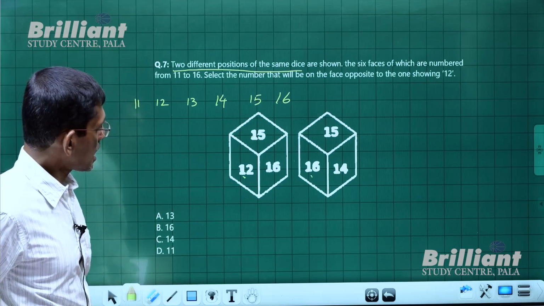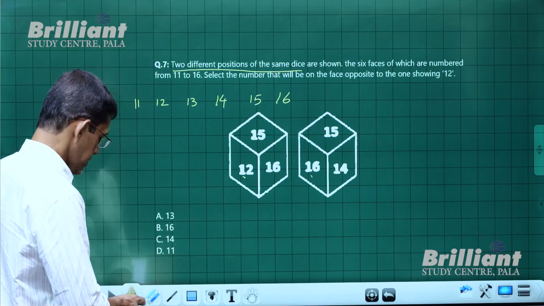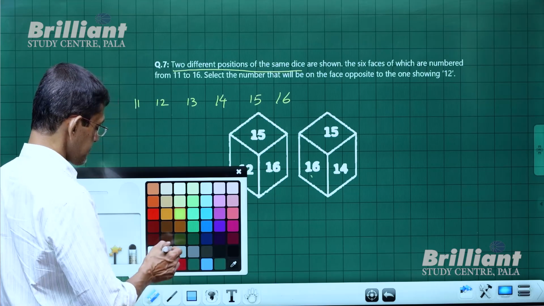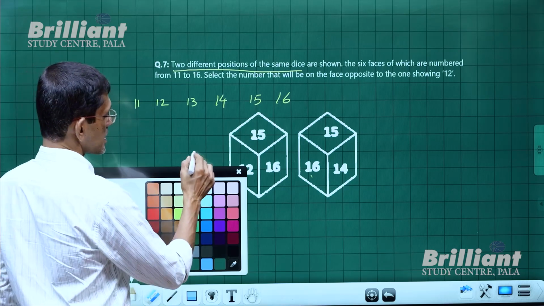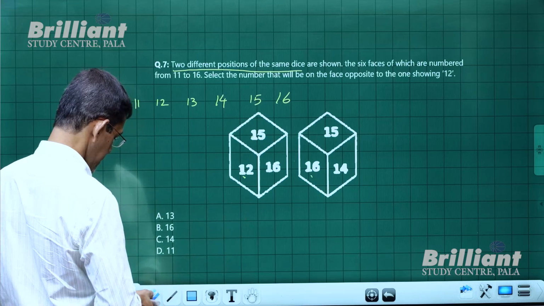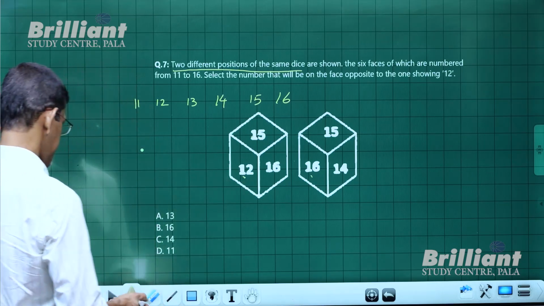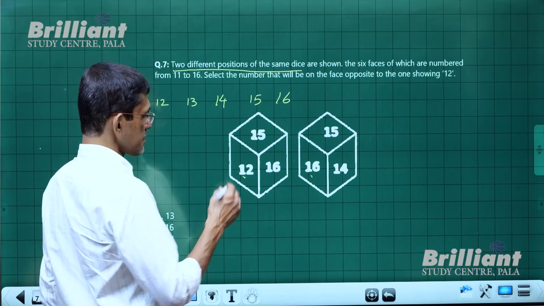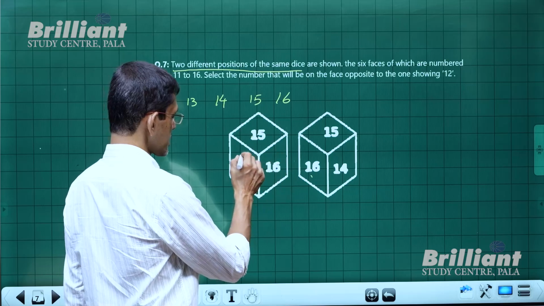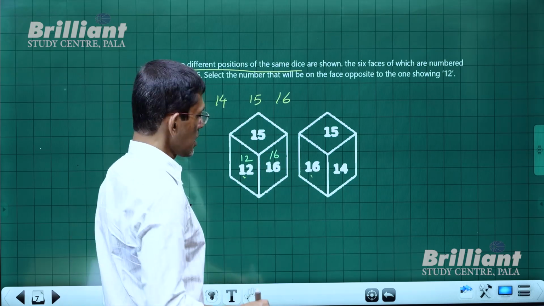And in that case, I'll make some slight changes here. Instead of 12, we have some other number. Let's say we take 12 and 16 for this dice, and we take some other numbers for the other dice.